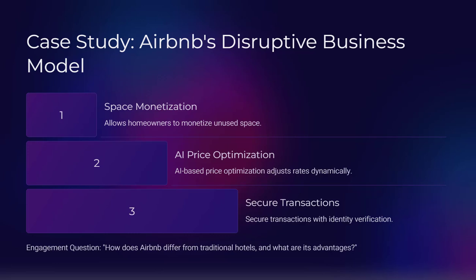Another feature is secure transactions and identity verification, which help build trust between host and guest, enabling seamless and safe exchanges. These three features, space monetization, AI-powered optimization, and secure transactions, differentiate Airbnb from traditional hotels, providing greater flexibility, personalization, and cost effectiveness for travelers.